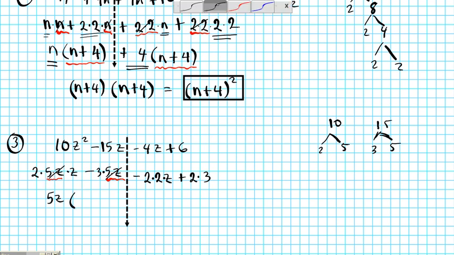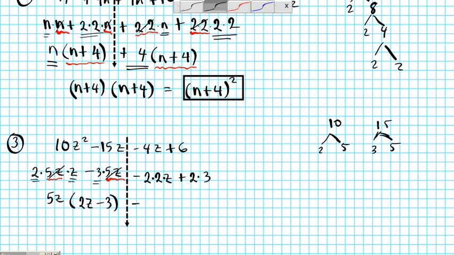You're going to be left with 2z on the left side of the minus, and then 3 on the right side. So it's going to become 2z minus 3. Now, here's where you want to be really careful. When I bring down a minus, I'm going to factor out a minus. Anytime you factor out a minus, the center sign changes because minus divided by a plus is minus.